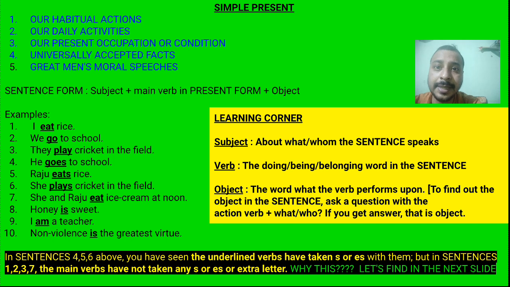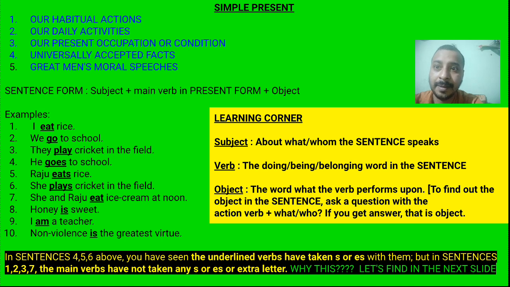Next, universally accepted facts. That means people all over the globe, people of the world accept those kinds of facts. So those kinds of sentences are simple present. Like honey is sweet. Nobody will say that it is bitter or it is sour. Yes or no? Or water flows downward.